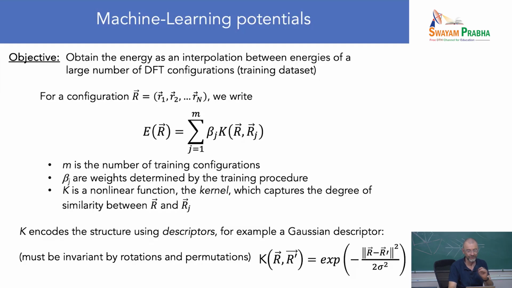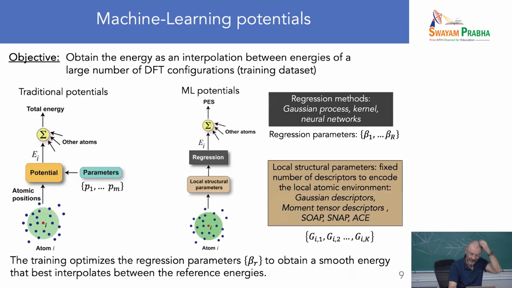Again, I don't want to go into the details, but that's basically the idea. With machine learning potentials, we start with an atomic configuration. We find a way to measure its distance with respect to the other configurations of the database. Then we do a regression, which is the interpolation, and that gives us the energy. And we do that at every step.